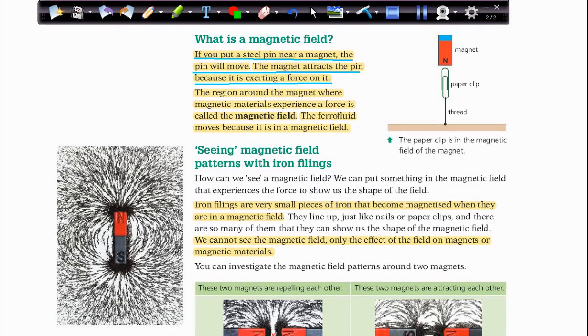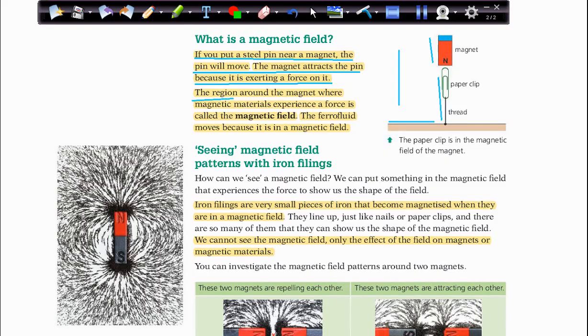So here, if you put a needle or a steel pin in a horizontal way, and you come with a magnet like this, the pin will move up. Why? Because the magnet here is attracting the pin to it. So it's exerting a force on it, which is the magnetic force.